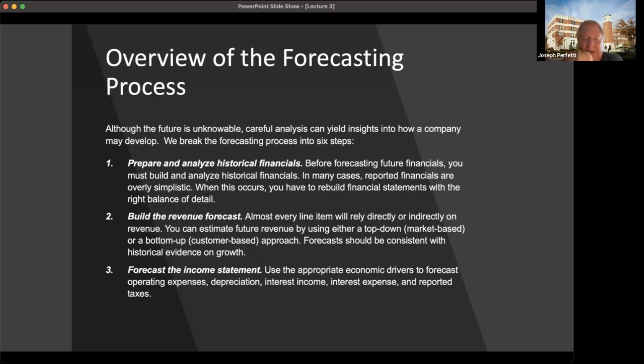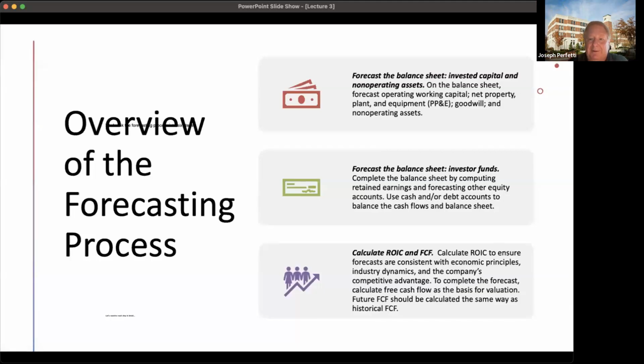And then we build the forecast, starting with a revenue forecast and then a cost forecast. So we're going to forecast the revenue, the income statement, and then the balance sheet, and then essentially 2 parts of the ROIC. And then we're going to forecast the financing and calculate our ROICs and CFIs of the firm.